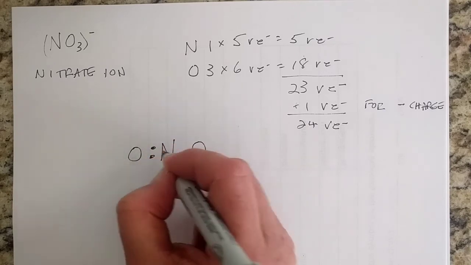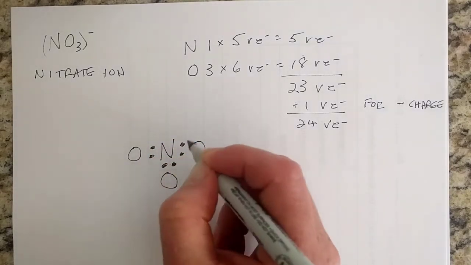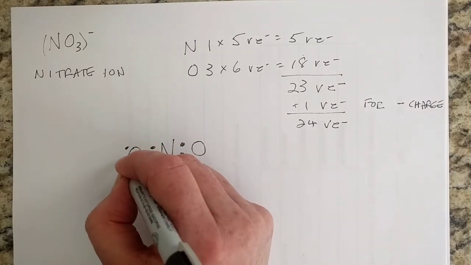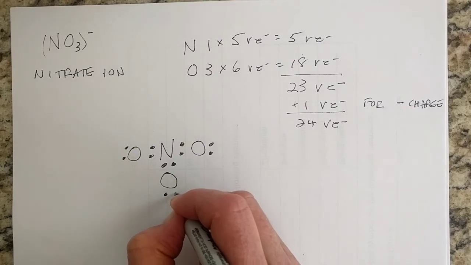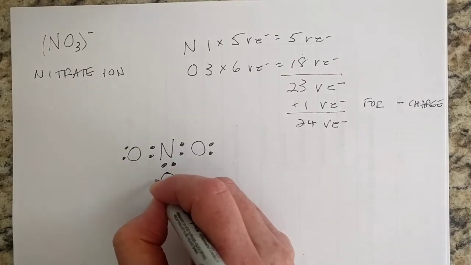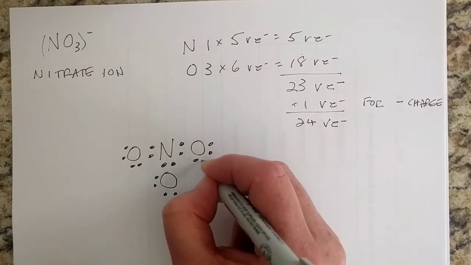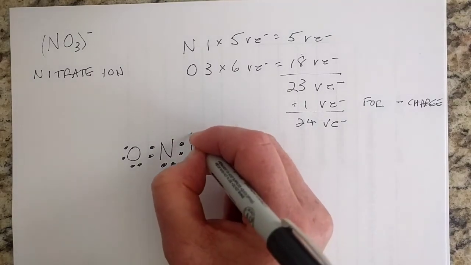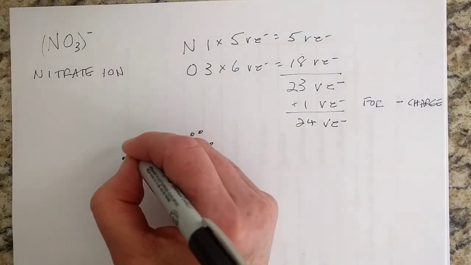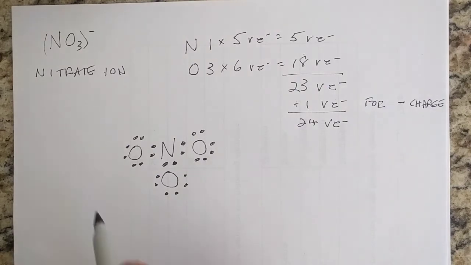So 1, 2, 3, up to 24. And if you put your electrons in different spots, it won't matter.